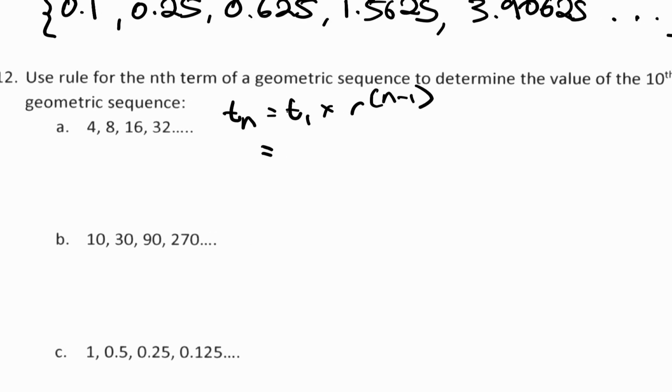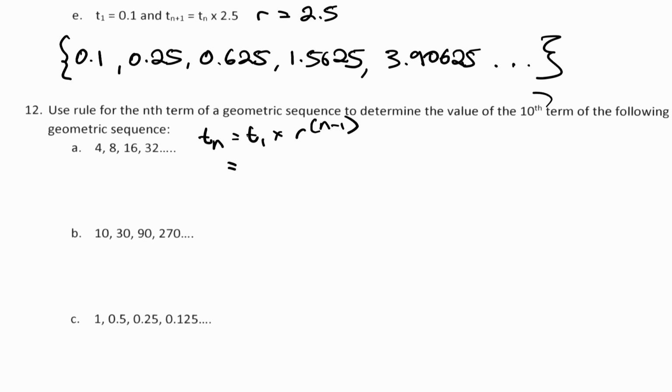All right. The term that we're looking for is the 10th term. That means that n equals 10, so that becomes T10. T1 is the first term, that is 4. R is the amount that we are going up by, so we can see that 4 has been doubled to 8, 8 has been doubled to 16, 16 has been doubled to 32.